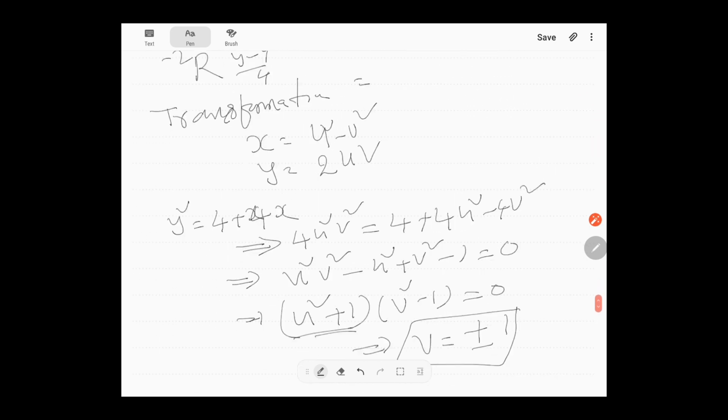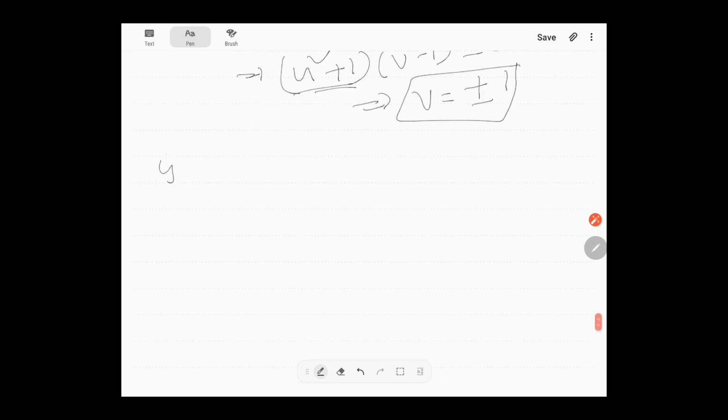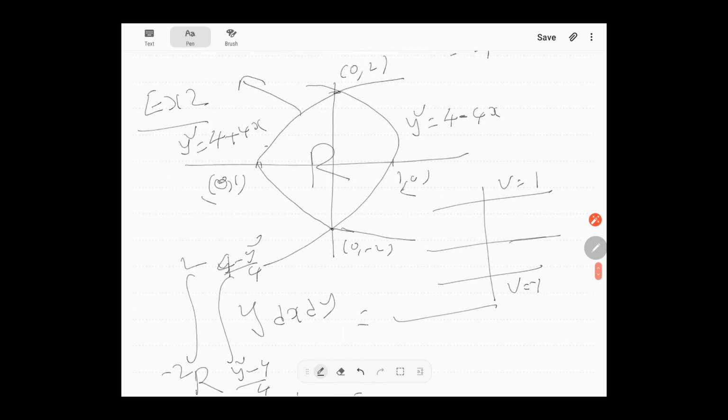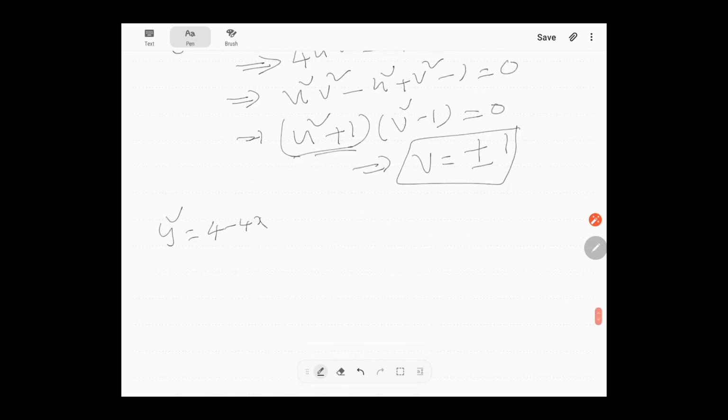Similarly, what happens to the right side? The other curve is y square is equal to 4 minus 4x. If I simplify this, y square is 4u square v square is equal to 4 minus 4x, which is 4u square plus 4v square.